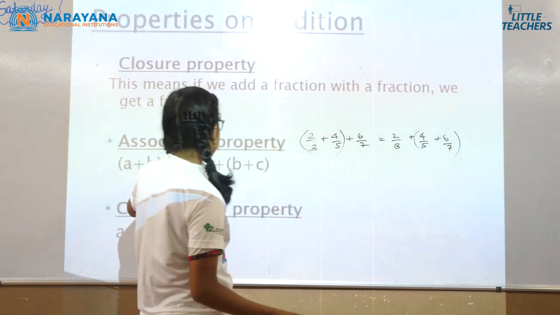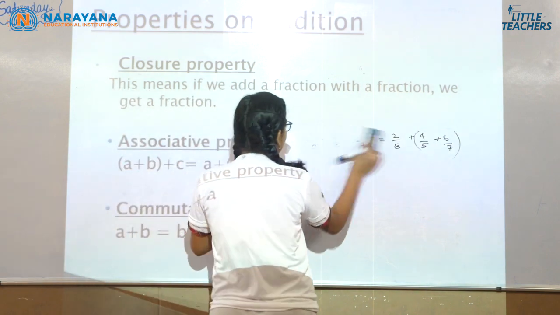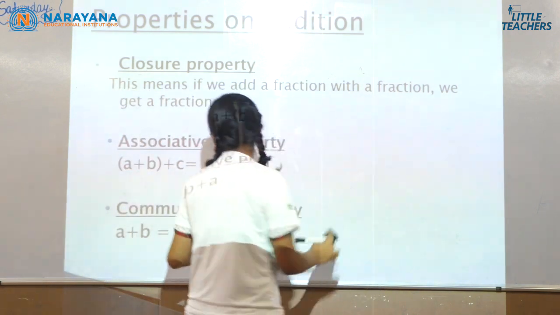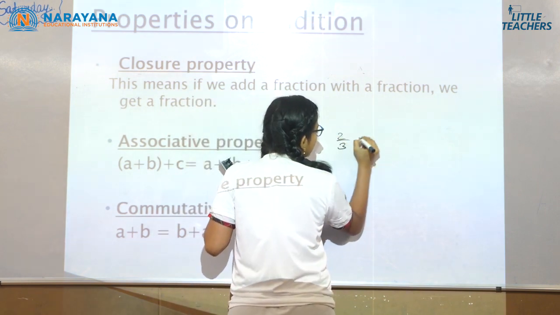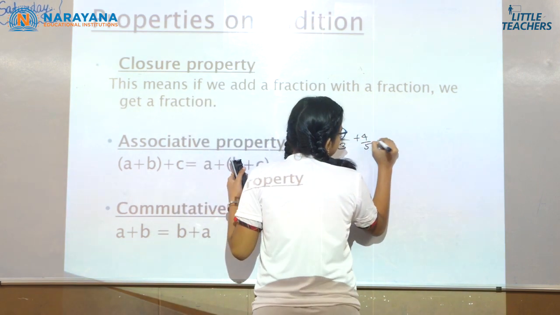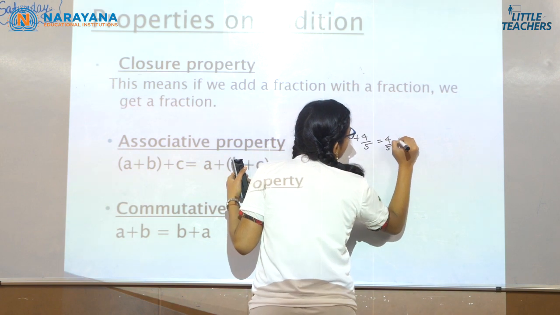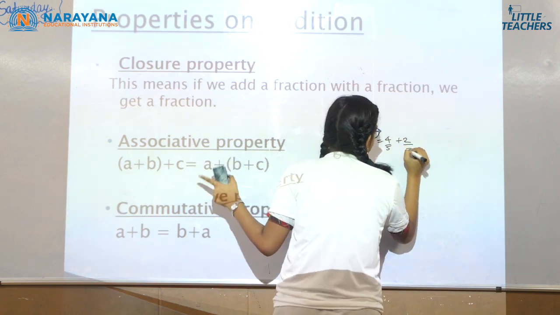So this is what associative property means. Next, commutative property basically means when I take 2 by 3 plus 4 by 5, this is equal to 4 by 5 plus 2 by 3.